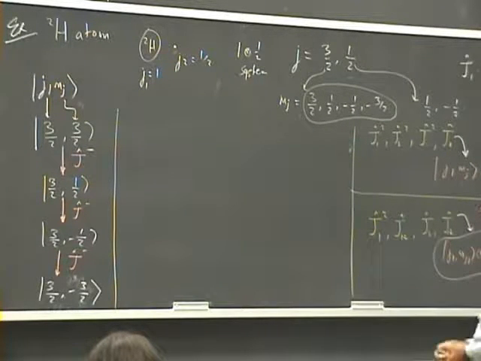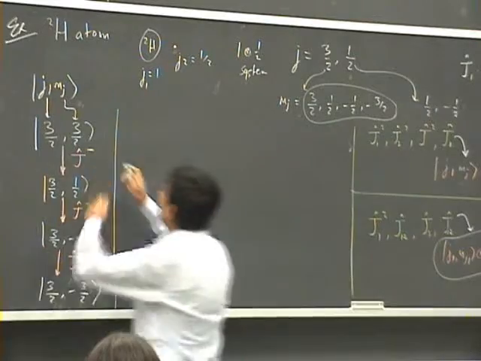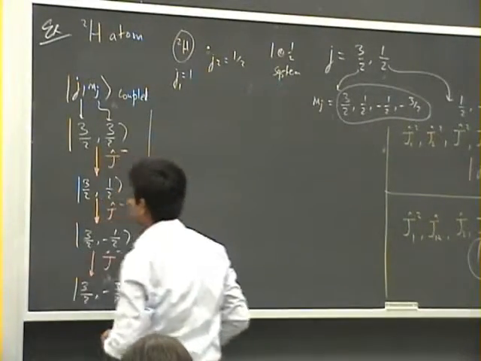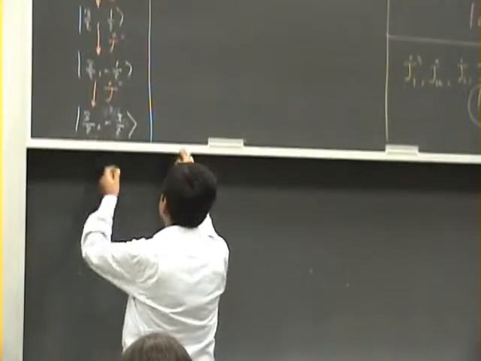Okay. So these are the 4 states in the coupled basis. I also have 2 more states to go.